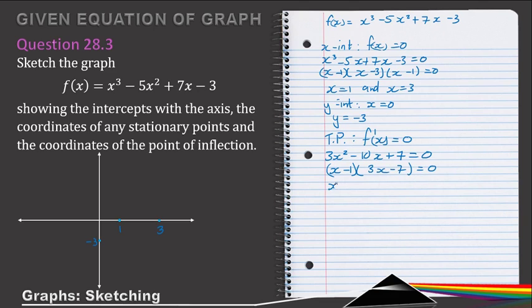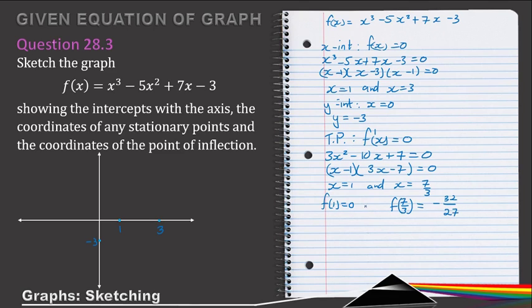Okay, so x is equal to 1 and x is equal to 7 over 3. Then we substitute it into the original equation to get the coordinates. If I substitute in 1, I get 0. And if I substitute in 7 over 3, then I get negative 32 over 27.